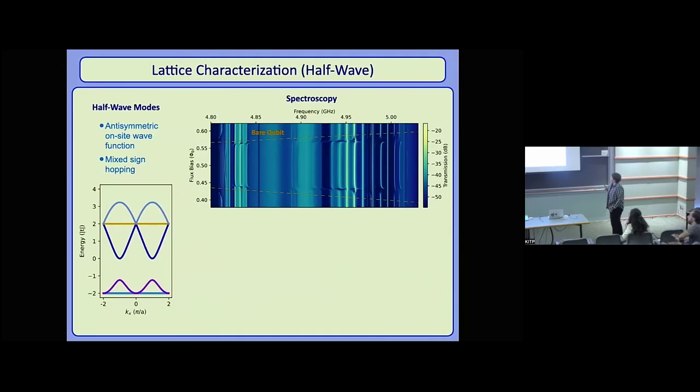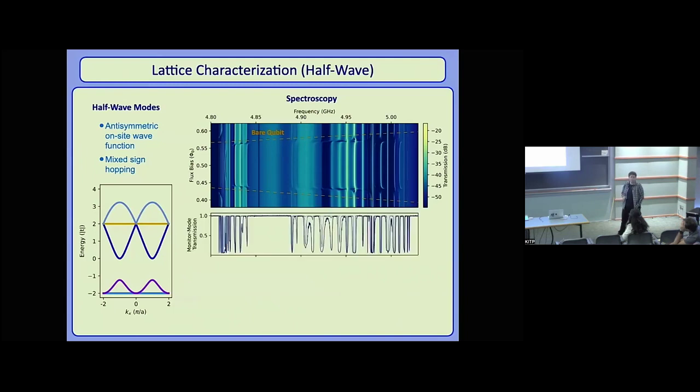And what we've figured out is actually there's a much better way to take this data and to find the bands. And that's to use the fact that the qubit itself is nonlinear. And so what we've done is we generalize a two-tone spectroscopy method that's normally used for reading out qubits.